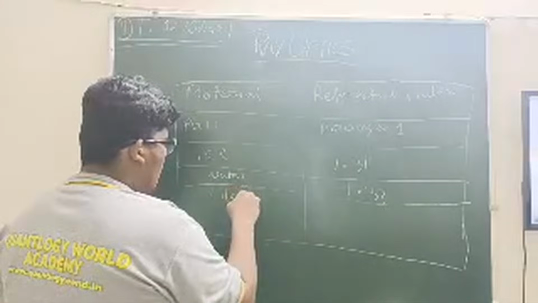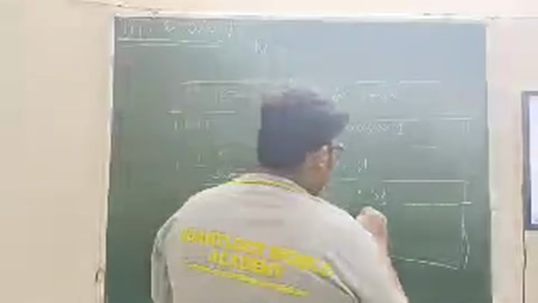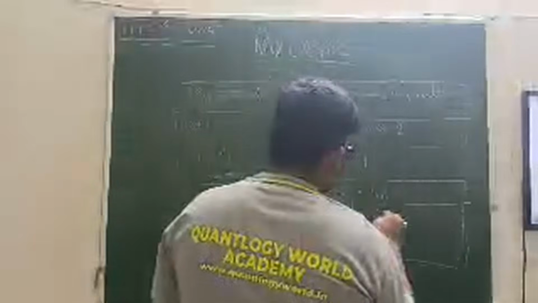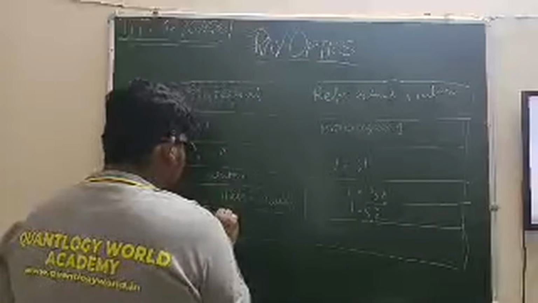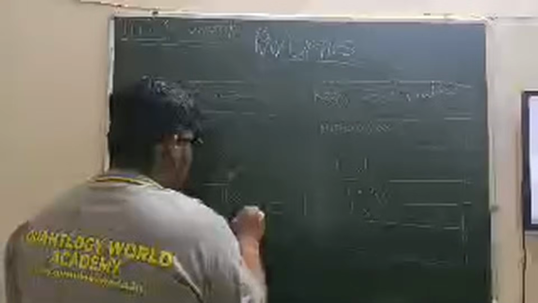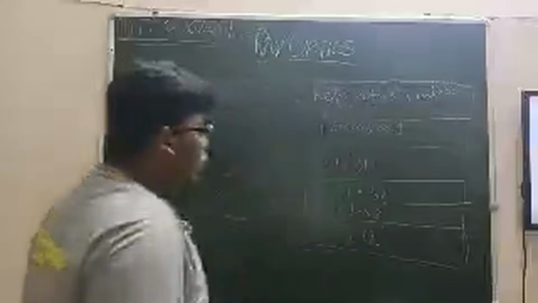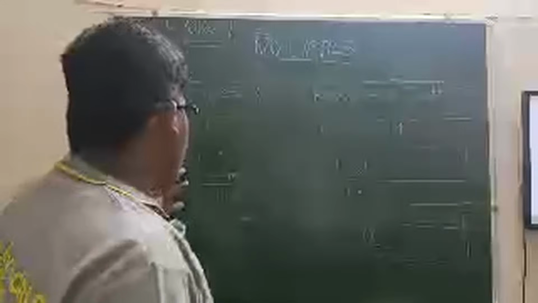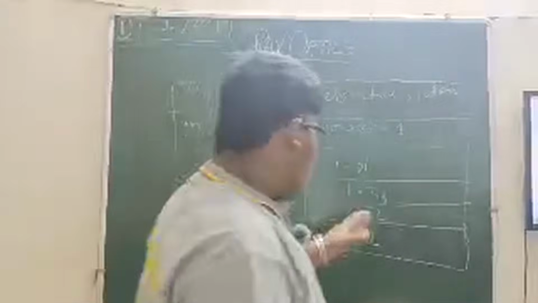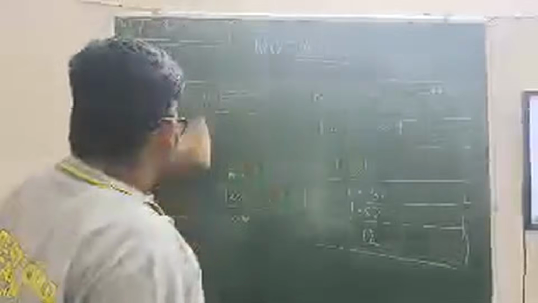Crown glass refractive index is 1.52. And the last one is diamond, 2.42. Mainly questions come on these materials only: air, ice, water, glass and diamond. So these are some common refractive indexes of materials.